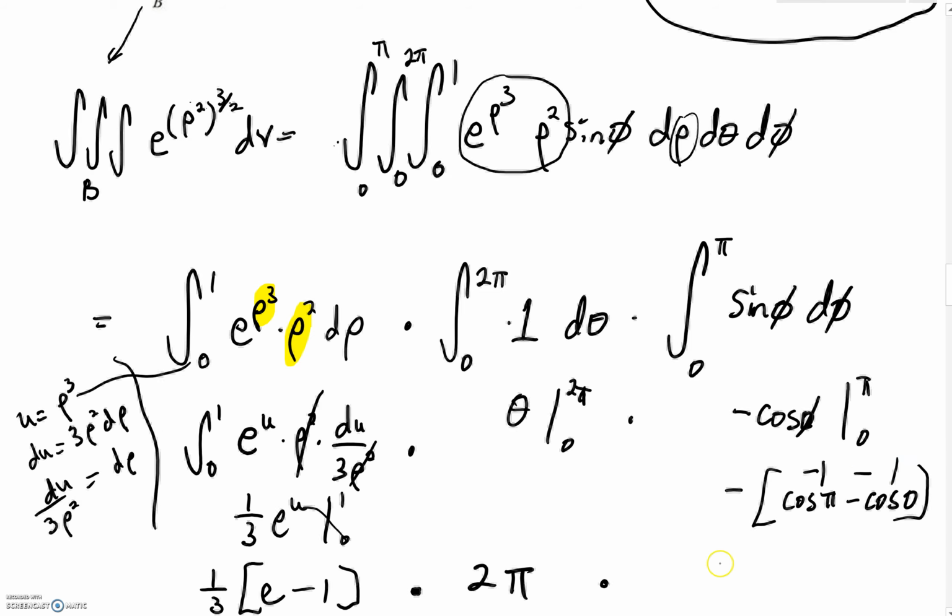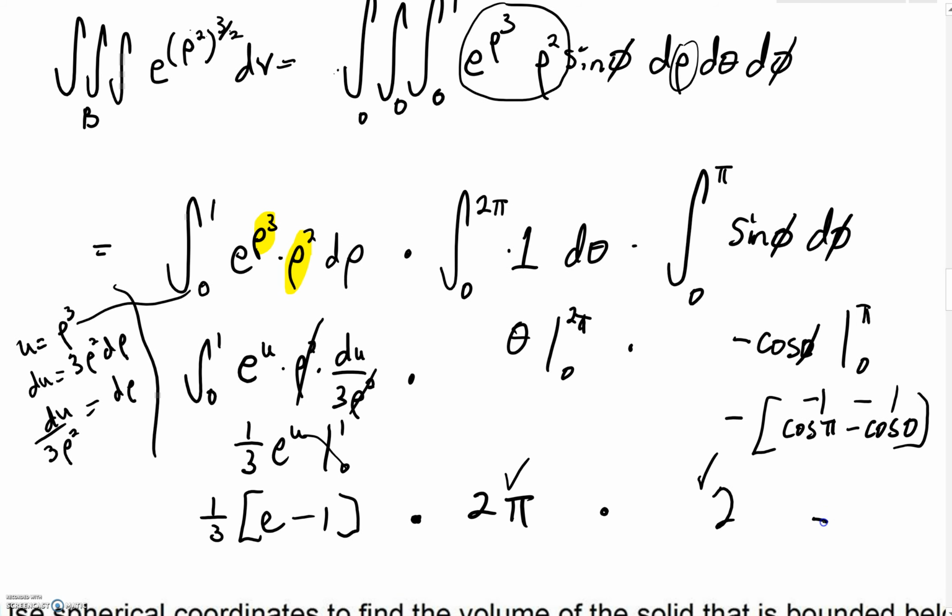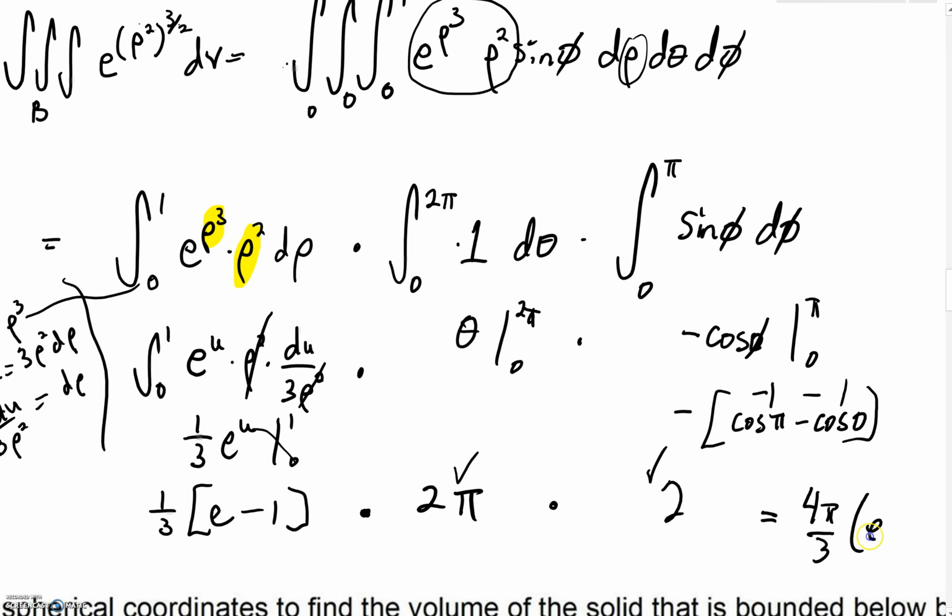And multiply by a negative, and you'll just have a 2 right there. So a 2 times a 2 pi is a 4 pi. So we could say we'll have a 4 pi over 3 with this e minus 1. And look at that. We have our final answer, and we were able to work that out rather nicely.